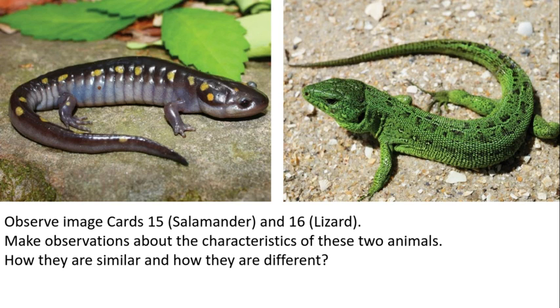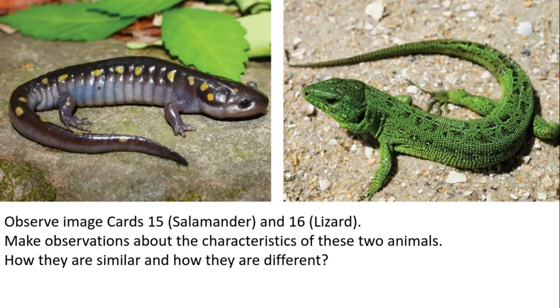Okay, so last time we also talked about salamanders and how salamanders are amphibians and that people get salamanders confused with lizards. So can you tell which of these is a salamander and which is a lizard? And how are they similar and how are they different?